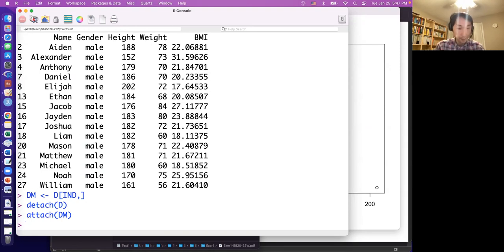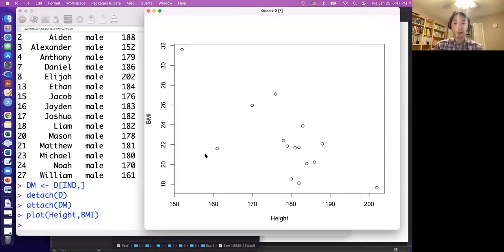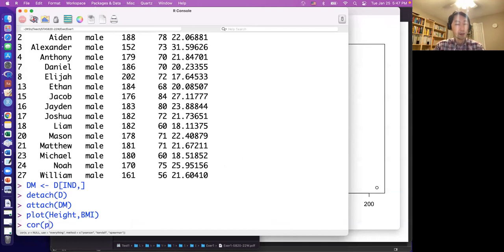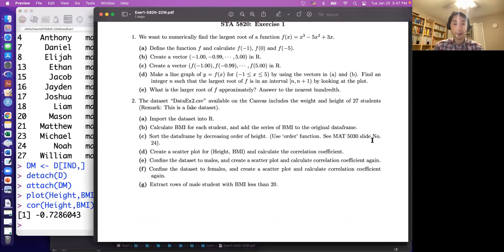So attach DM and plot height and BMI. Now we still have some tendency of negative relationship, but the correlation may be smaller. You can calculate the correlation coefficient by the COR function. So the correlation is -0.72. Still, it's large.